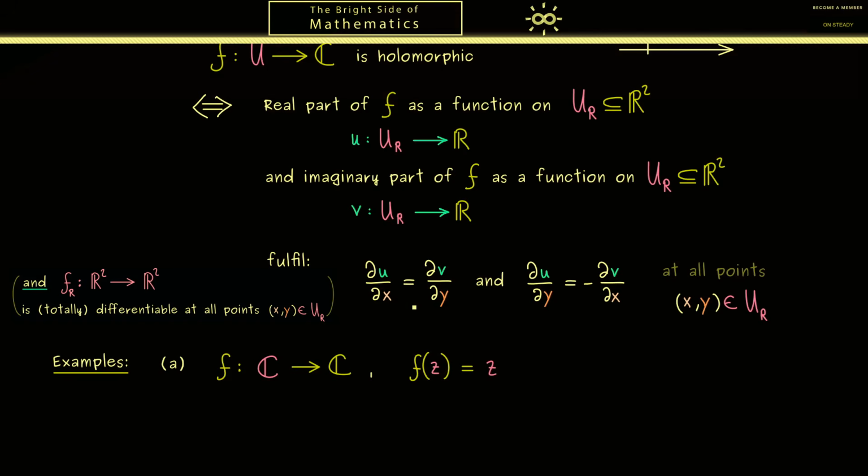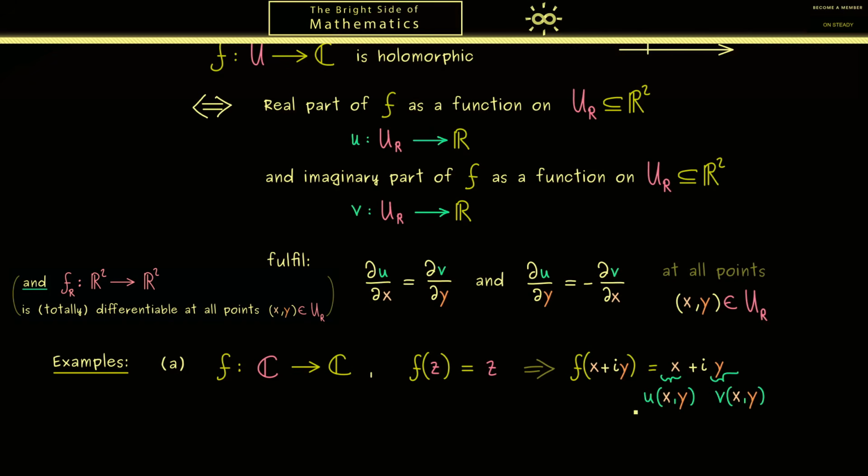Now, because we want to deal with the partial derivatives with respect to x and y, we have to write z as x plus iy. Hence we do this change on the left hand side and on the right hand side. And then you see, here the real part is our function u and the imaginary part is our function v.